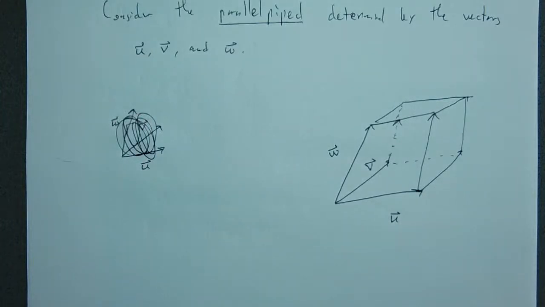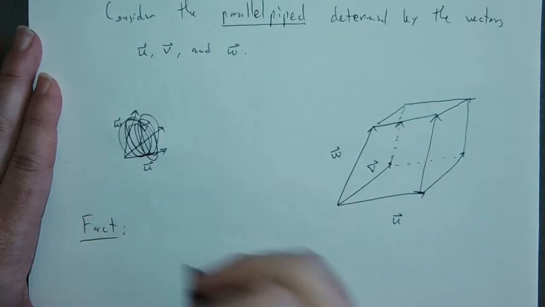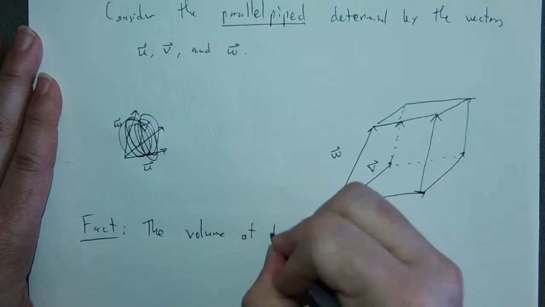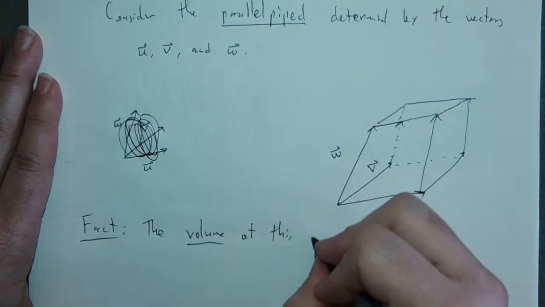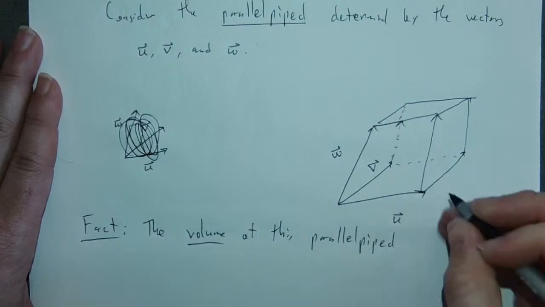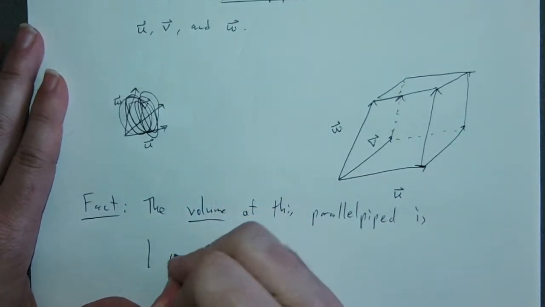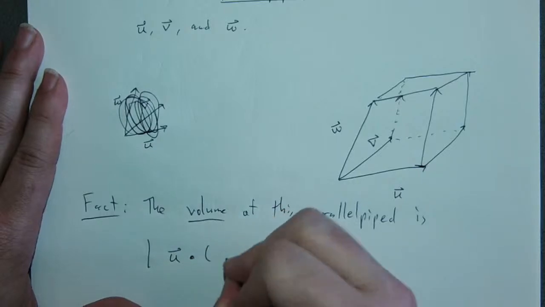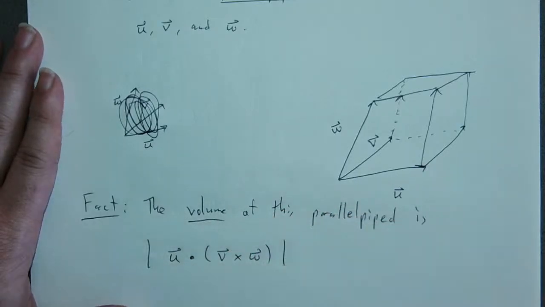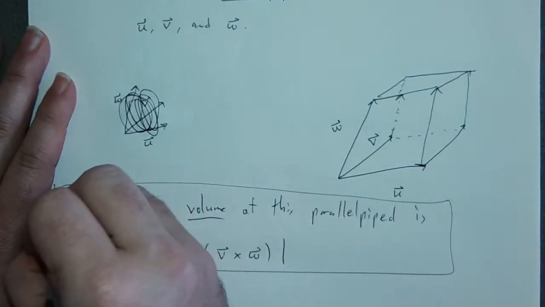How do I compute the volume of this? So here's a fact. The volume of this parallelepiped is the absolute value of U dotted with V cross W. Why?